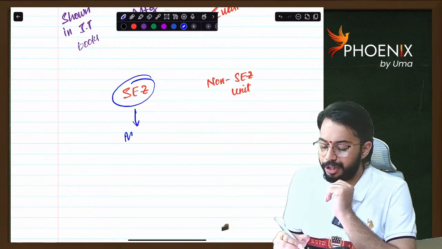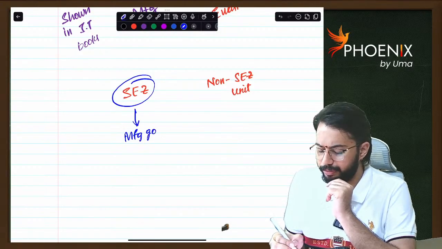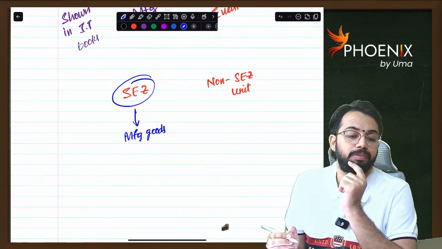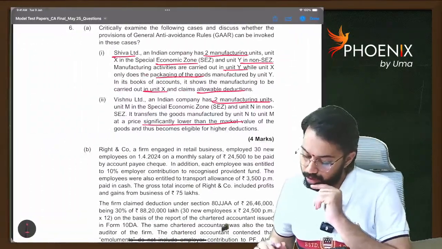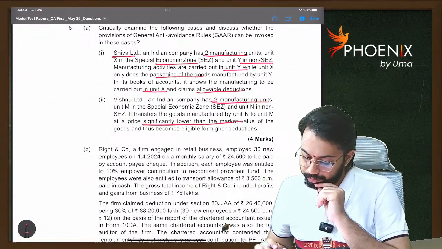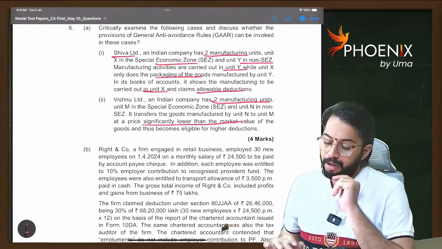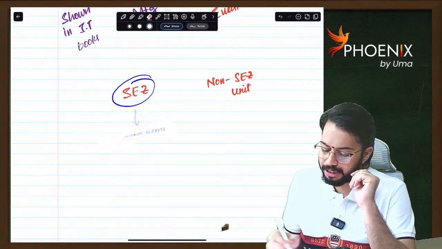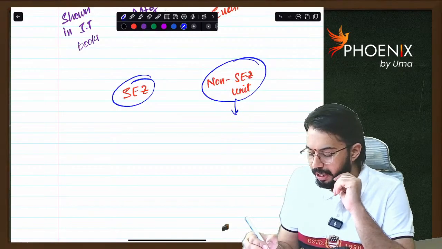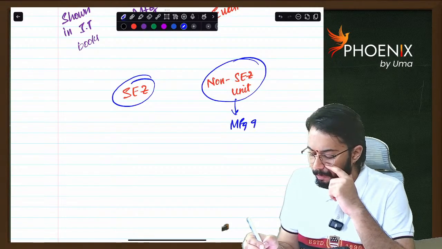Now, goods are manufactured by the non-SEZ unit. So, the non-SEZ unit is manufacturing goods.